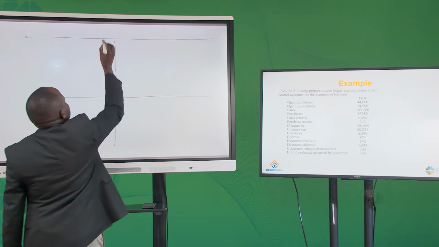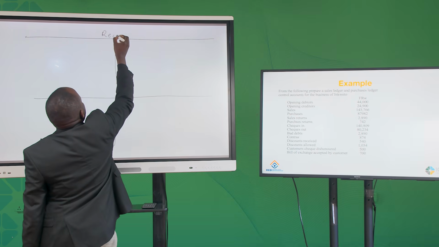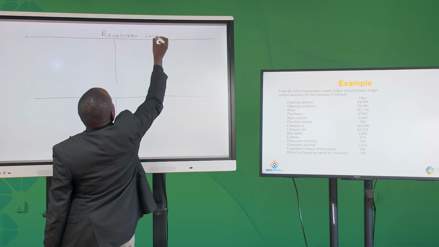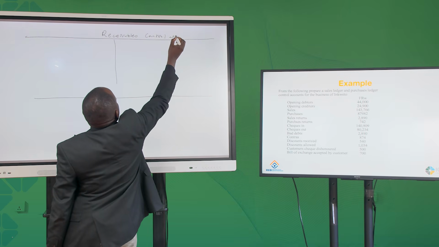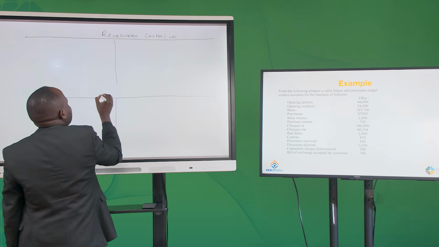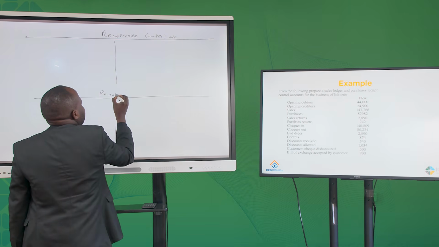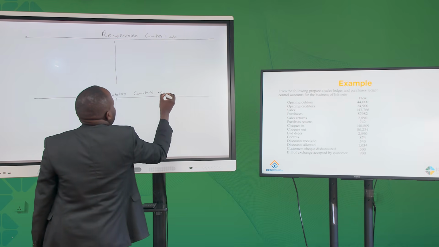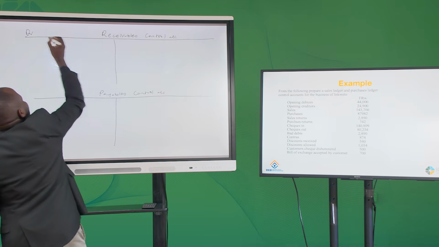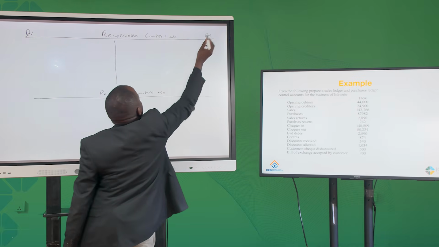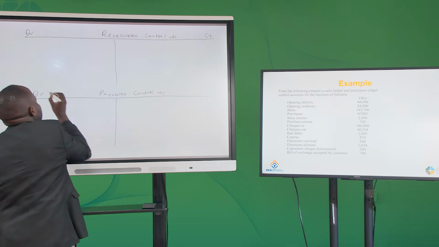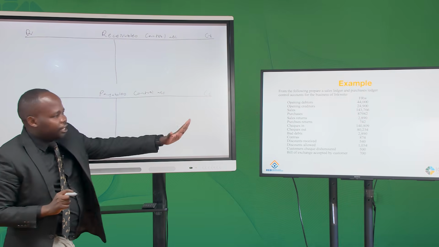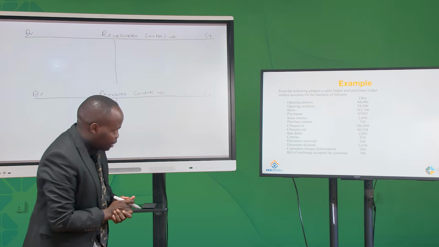The first account, I'll call it receivables control account, and the second account, I'll call it payables control account. So there are two accounts we are preparing, receivables and payables control account. Every transaction that we read, we'll be posting in these accounts.